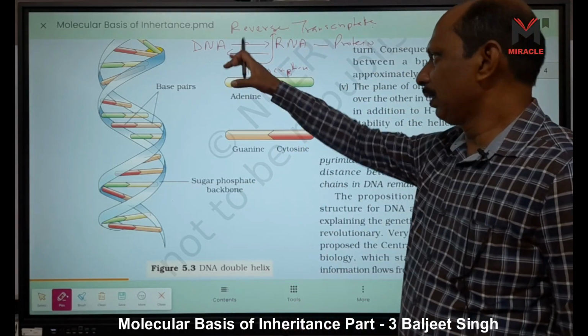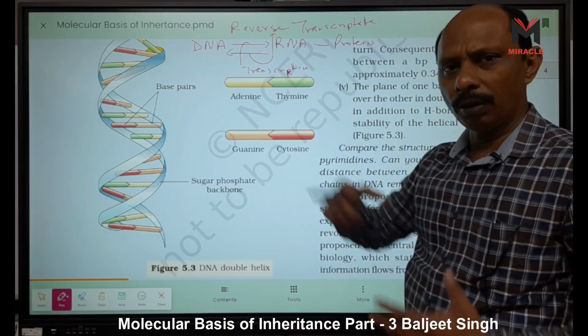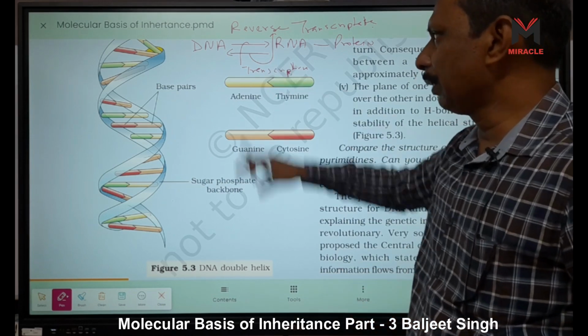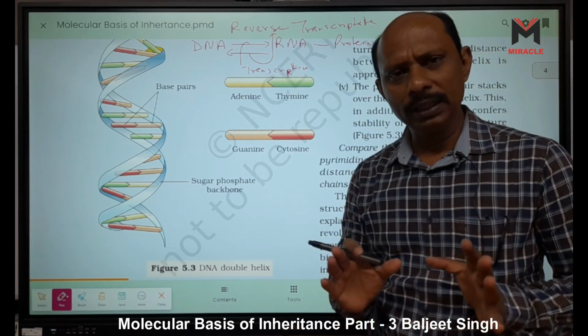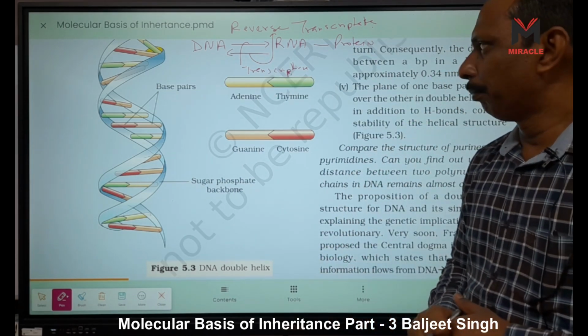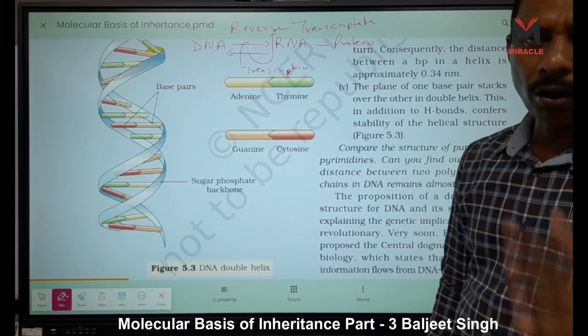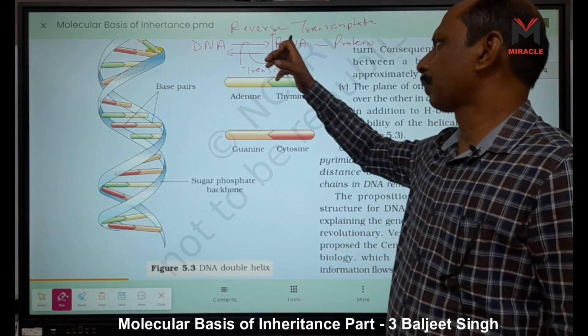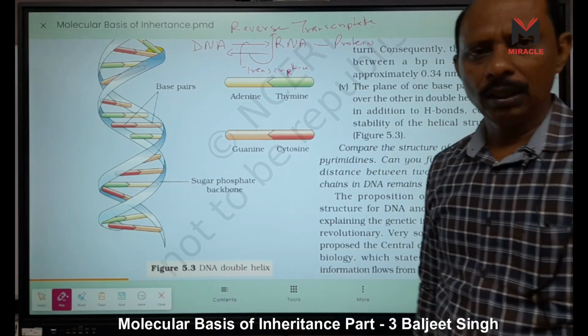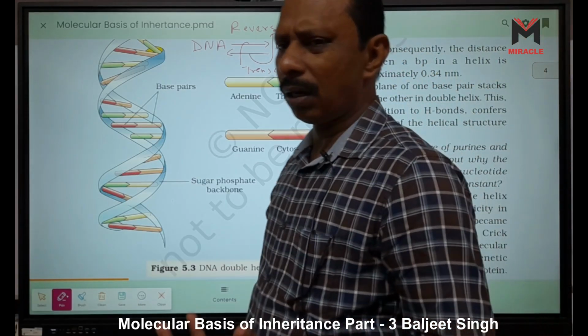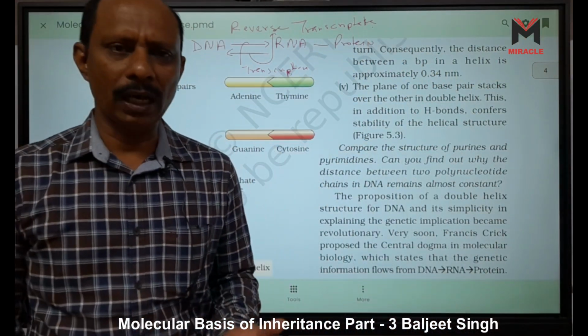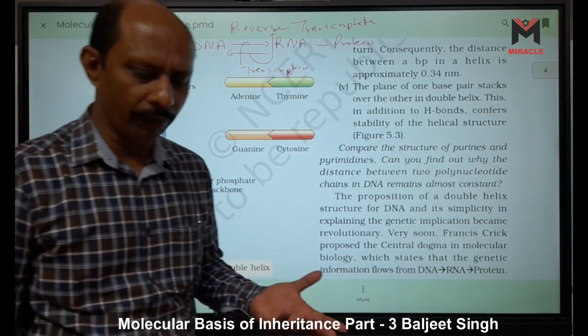And the major point: in our body, not in virus, this reverse transcriptase is present only in some viruses, that is only RNA viruses, but not in other organisms, right? In cellular organisms, only one thing is there: DNA forms RNA, RNA forms protein. Because we understand viruses have no protoplasm, that means they are non-living, right?